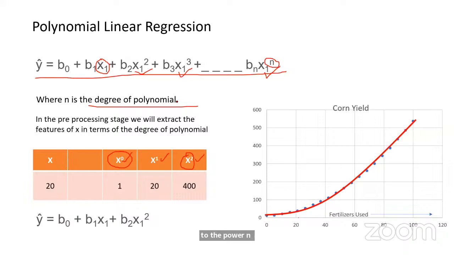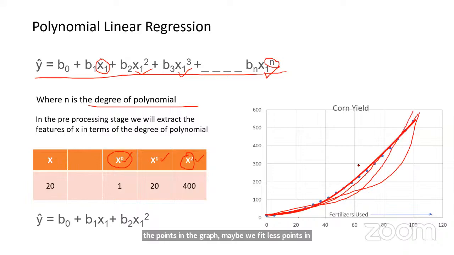By changing n, we can fit our graph in different ways. We can either fit all the points in the graph, or maybe fit only some of the points, or fewer points. So by changing n, we determine how well my graph fits this curve.